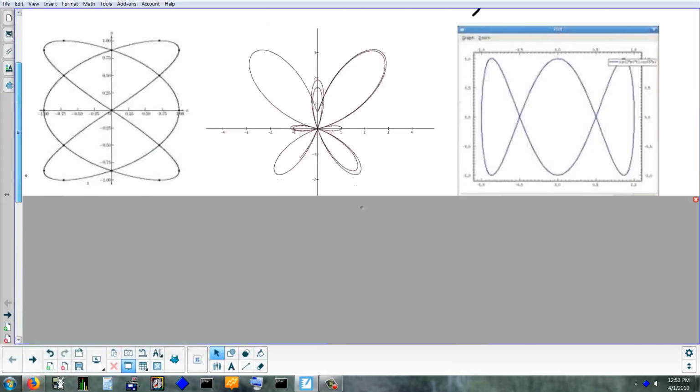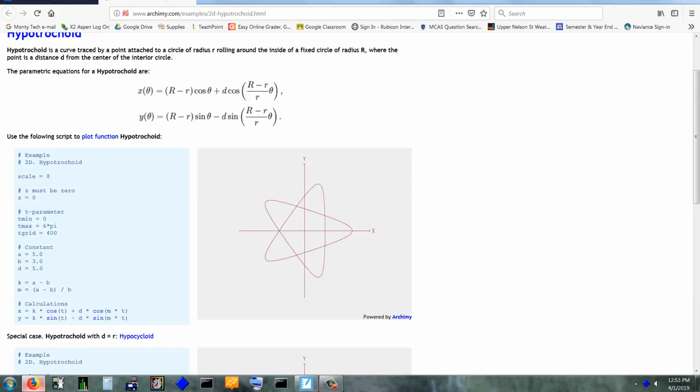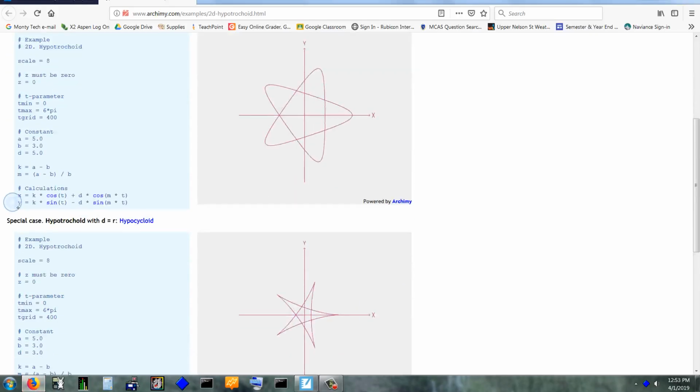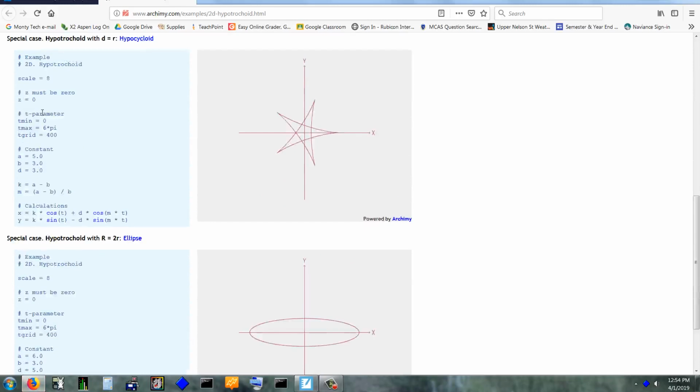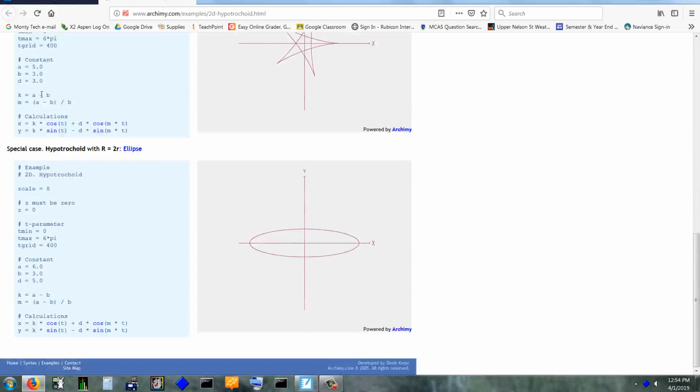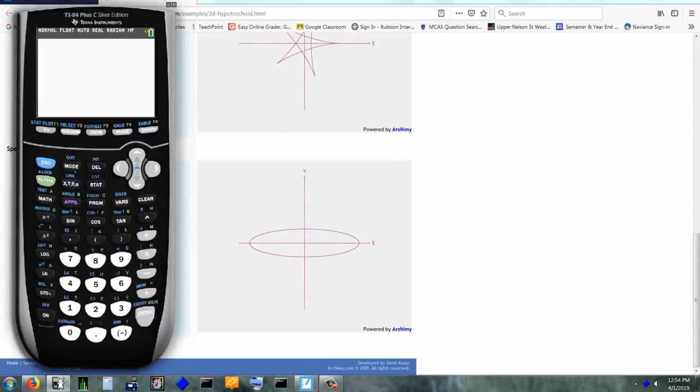But if you look at all these equations, notice here it says x equals, y equals. X equals, y equals. Again, x equals, y equals. If I go on the calculator and I press mode and I go to parametric, it says x equals, y equals. That's one thing with parametric.